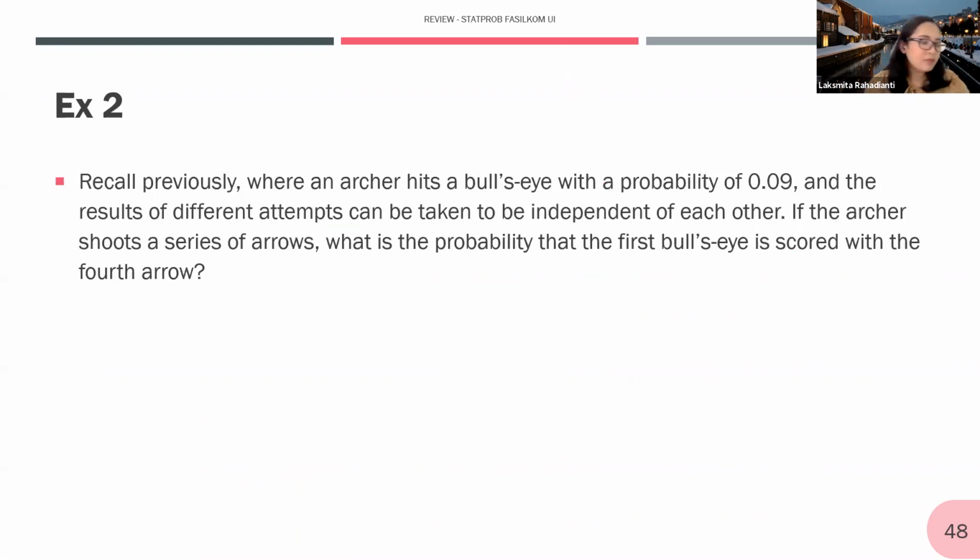Next, don't forget my bullseye guide. I'll give you some time, if you have any questions on the previous one, you can ask it now, or if not, you can go on to this question. 2 minutes to read this question.